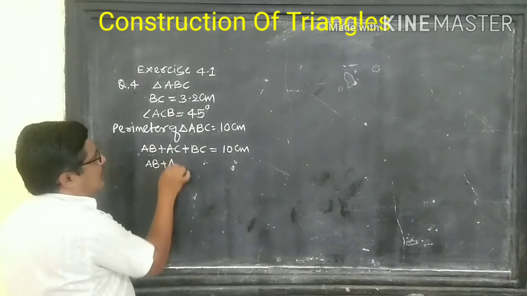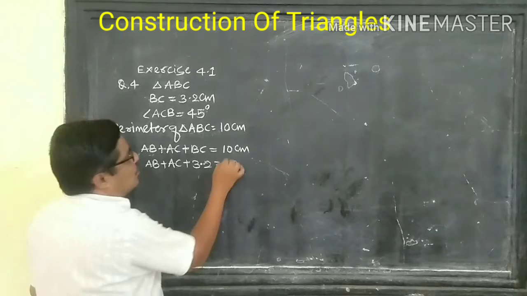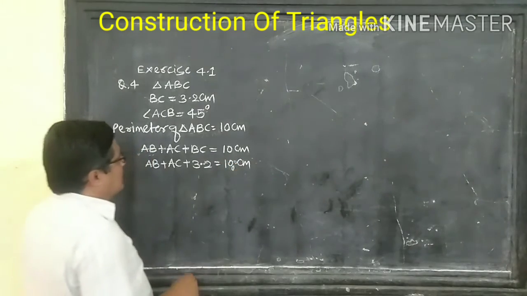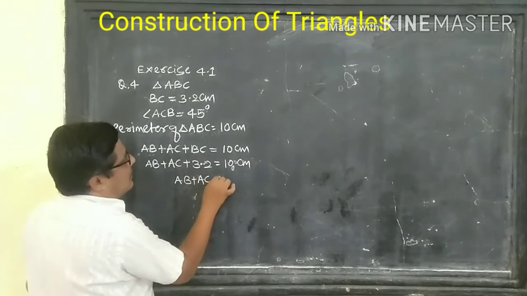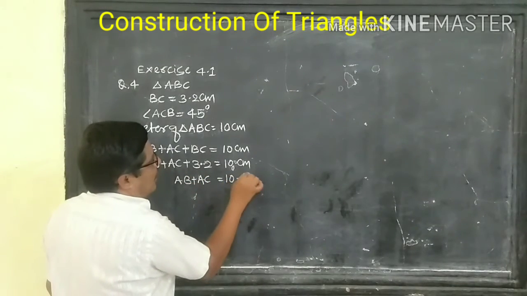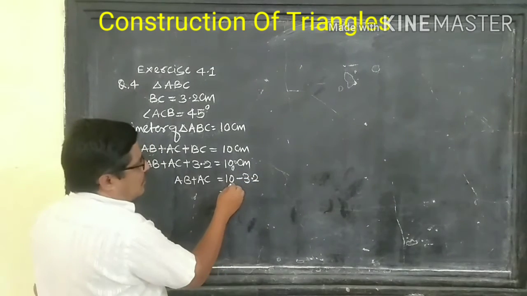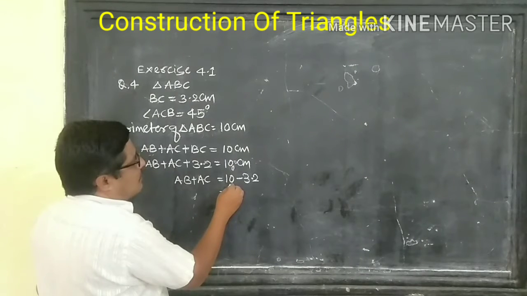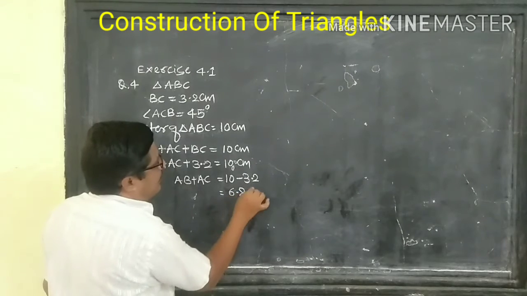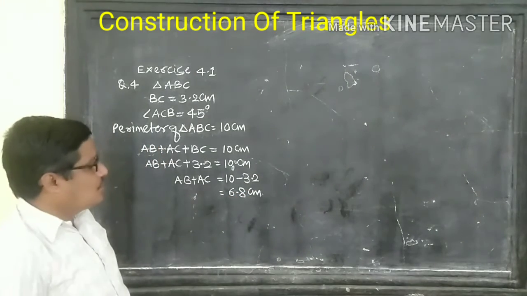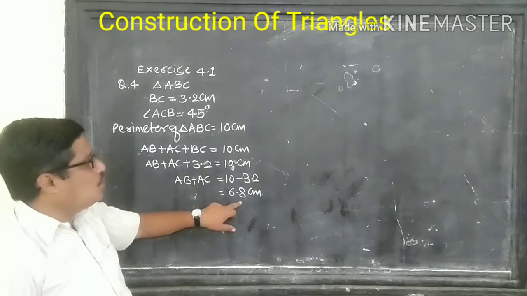AB plus AC plus 3.2 is equal to 10 centimeter. AB plus AC is equal to 10 minus 3.2, which is 6.8 centimeter. So in this way we got the sum of length of remaining two sides.